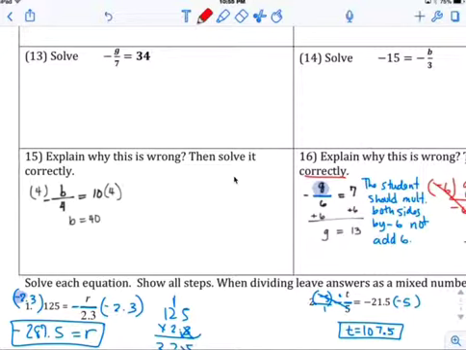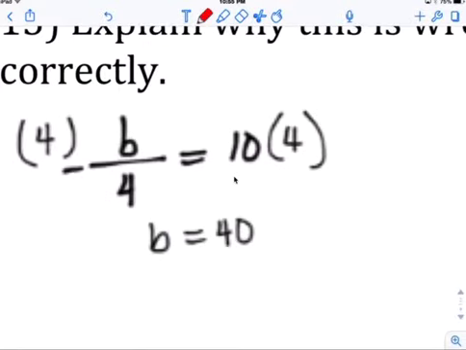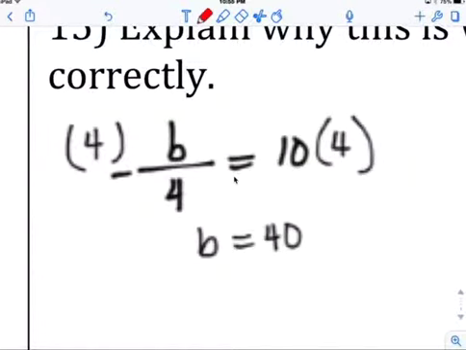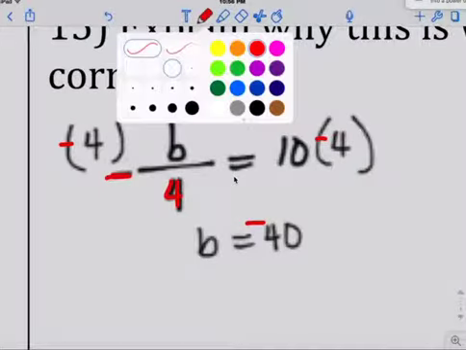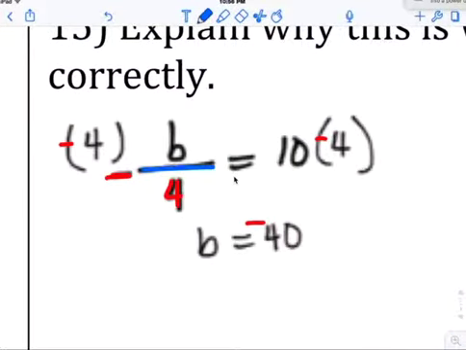Okay, explain why that's wrong. Okay, that's wrong because this is a negative 4. So you need to multiply by a negative 4, not a positive 4. It's not adding to make 0. This is a division.